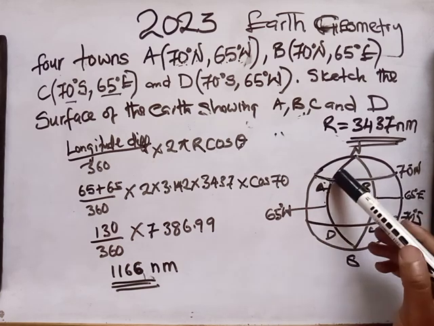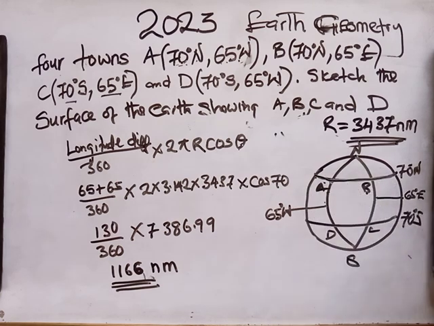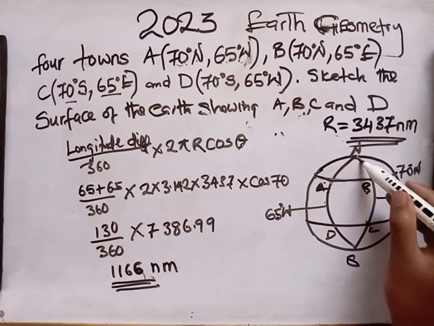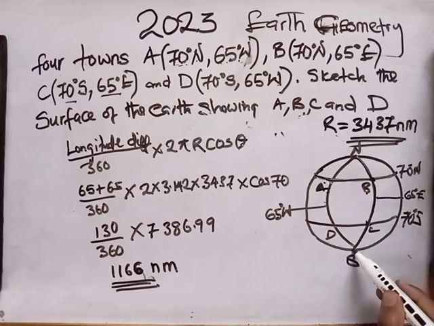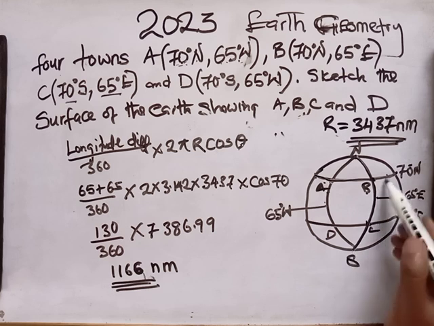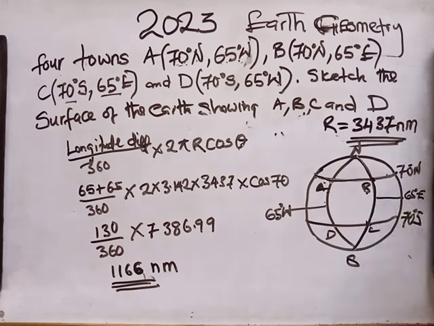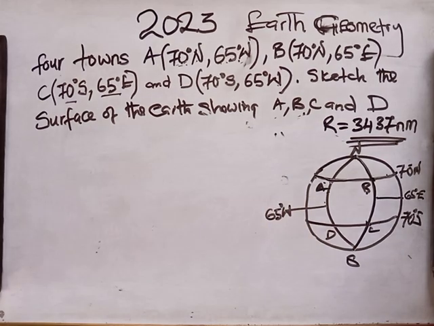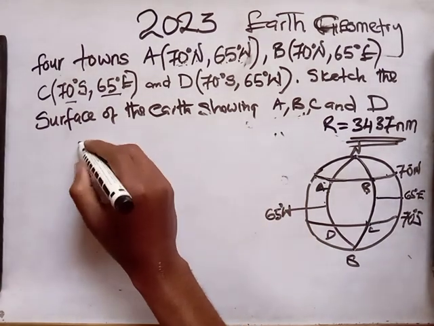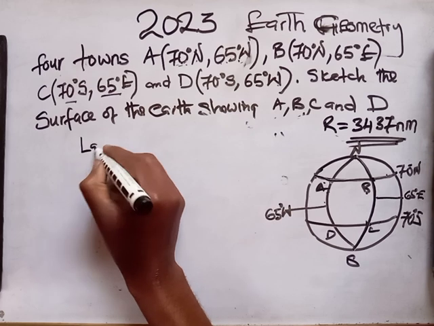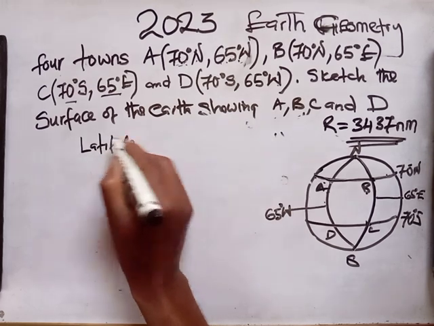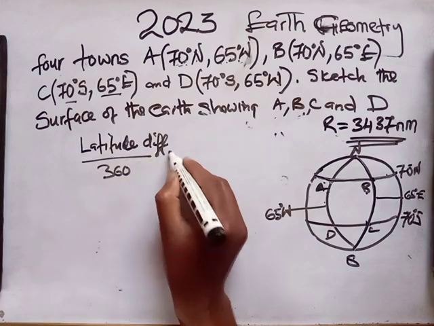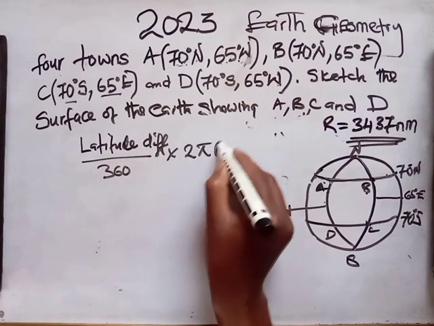The other question says find the distance BC, from B to C. These align on the same longitude but different latitudes. The distance along the same longitude is found by the latitude difference over 360 times 2 pi r.